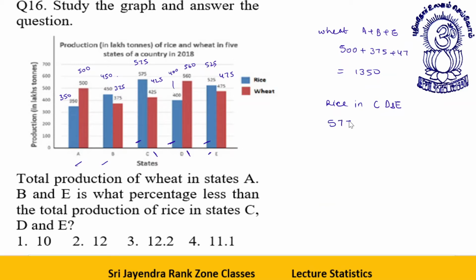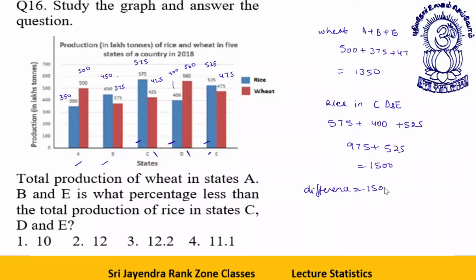That is 575 plus 400 plus 525. 975 plus 525 or 1500. So, what is the difference?